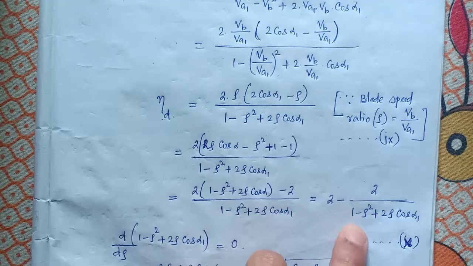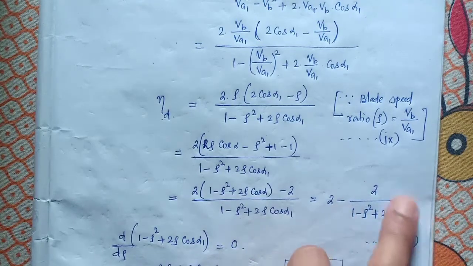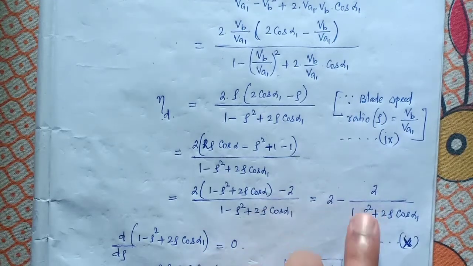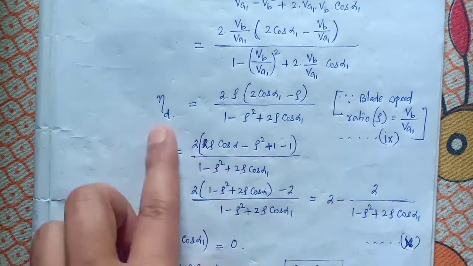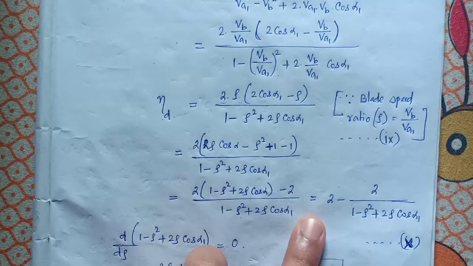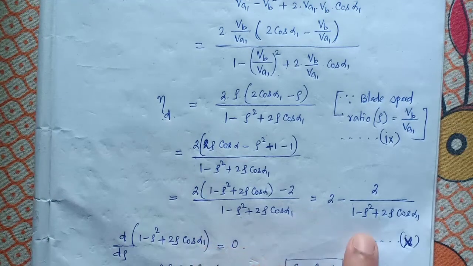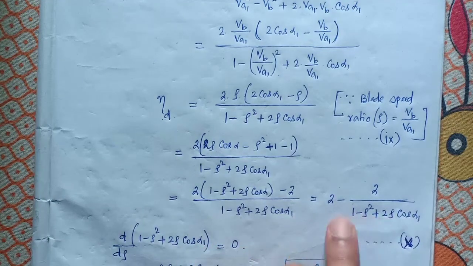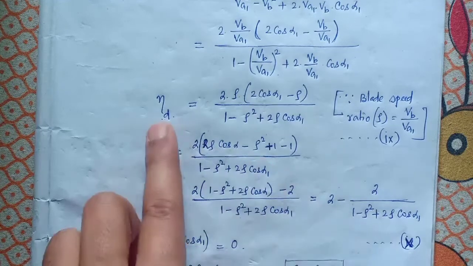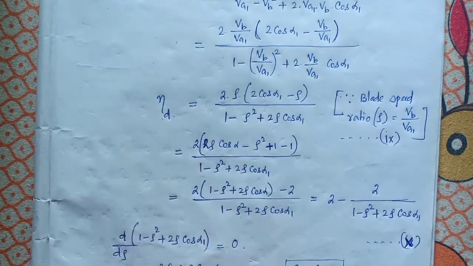As the value of this one is greater, less amount will be deducted from 2 and efficiency will be more and more. Correct? To make it happen, when the differential of this one with respect to rho is 0, we can say this efficiency will be maximum.